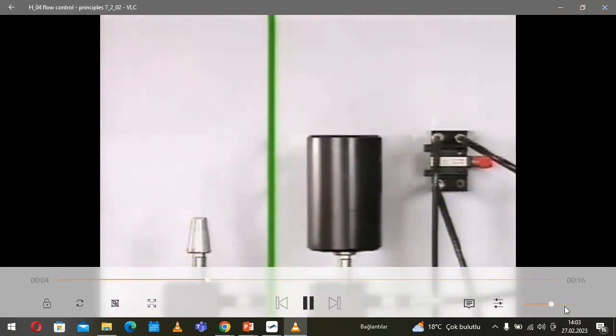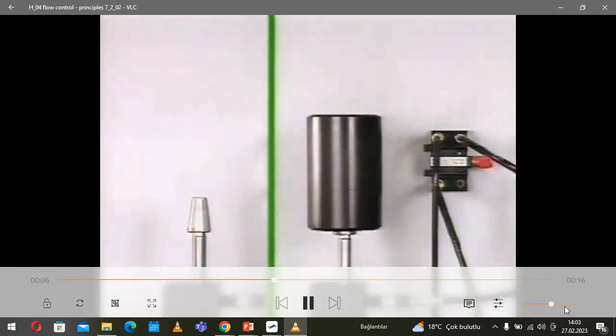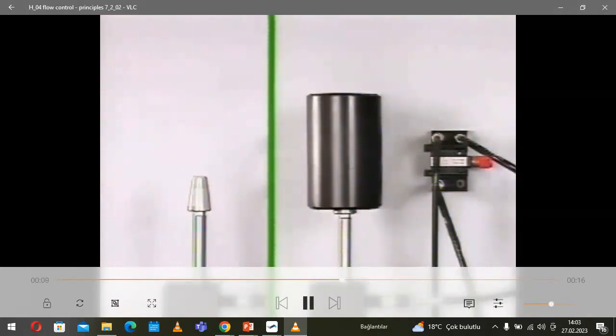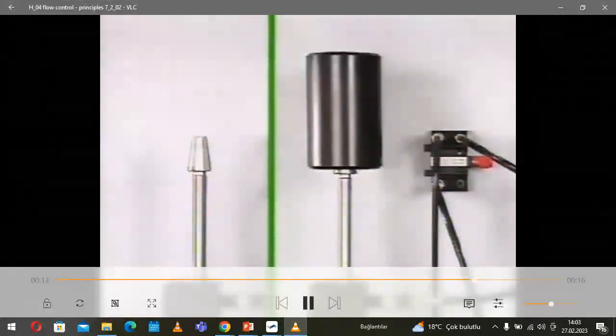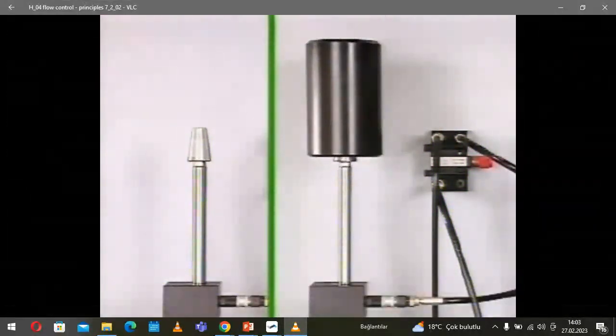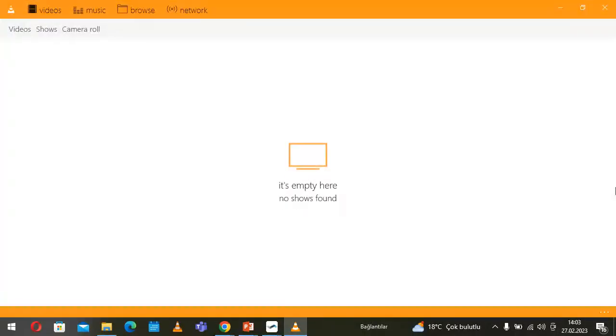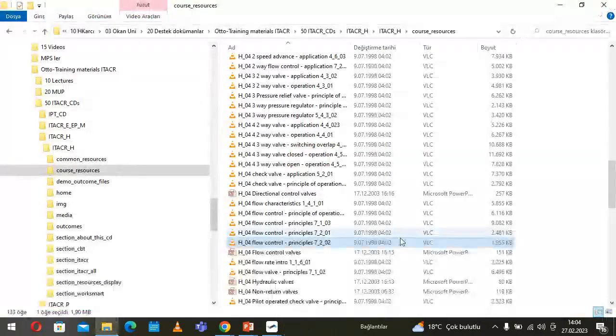A load-dependent control system can be set up with a flow control valve. You see, it's not dependent. They arrive at the final stage at the same time. This is the flow regulator, speed regulator, and the other one is the restrictor.